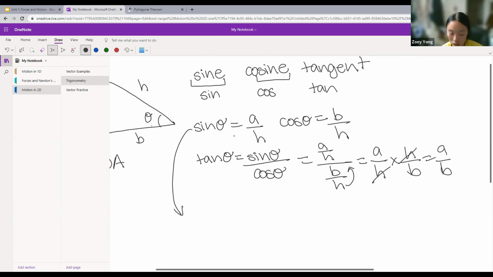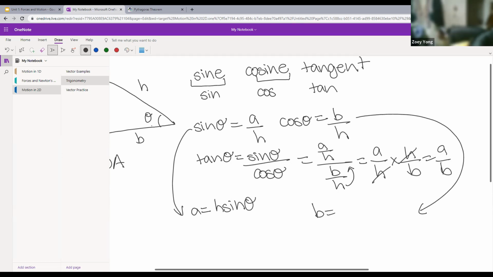So if you have theta and H, you can find A. You multiply both sides by H, and you get A equals H sine theta. The same is true for cosine theta: if you multiply both sides by H, you get B equals H cosine theta. We're going to be using these two equations later on.